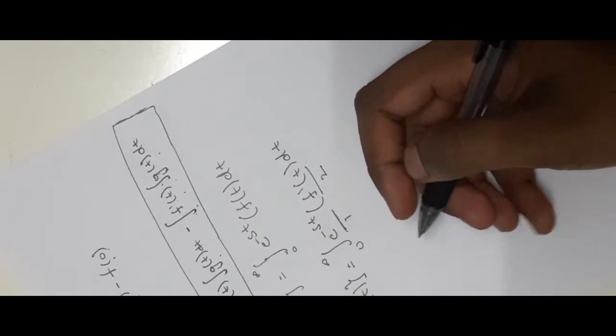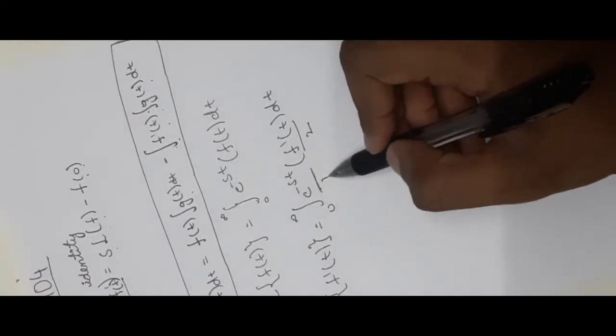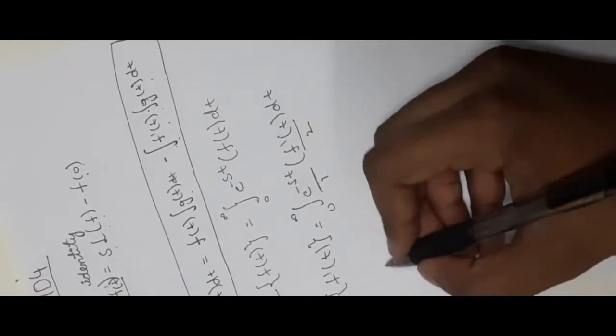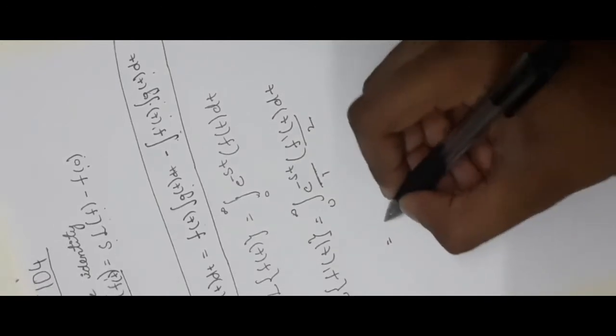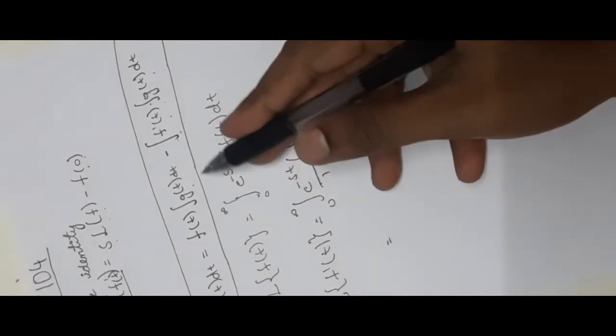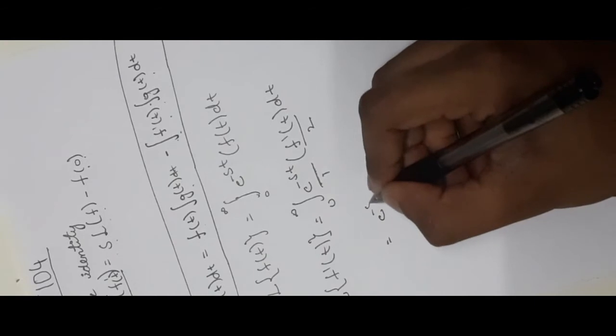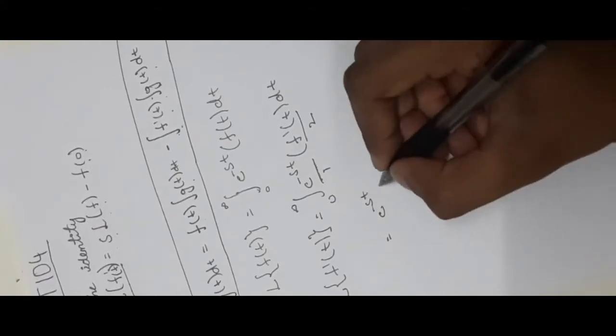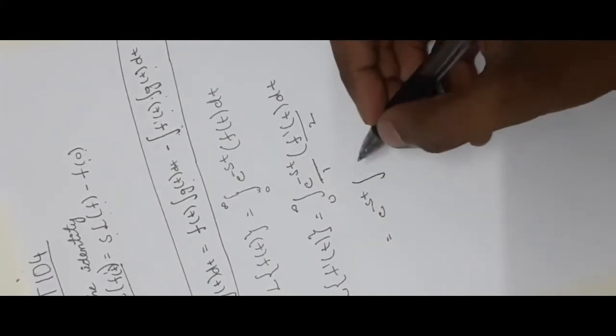Applying the product rule here, we will get the first function as it is, e to the power minus st, into the integral of the second function.